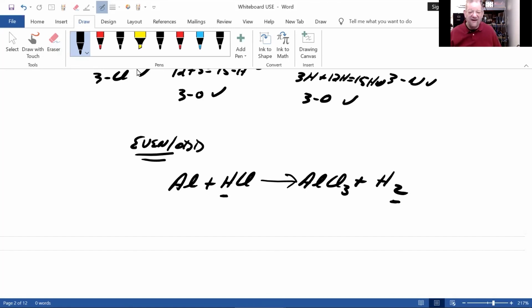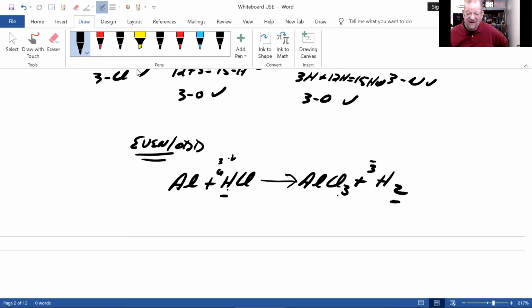Now, if I tried, I could say I have 3 chlorine here. I put a 3 in there, but there's no way I can multiply this hydrogen H2 by a number to get 3 hydrogens. But if I were to look at this, if I double this, this would be 6.